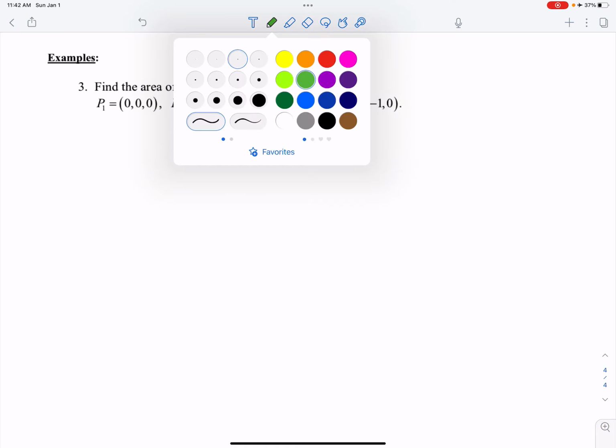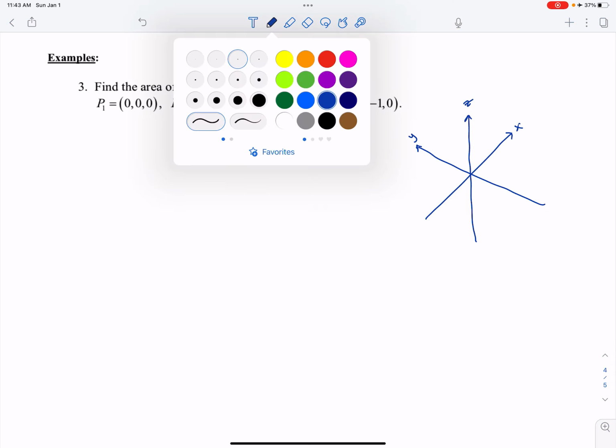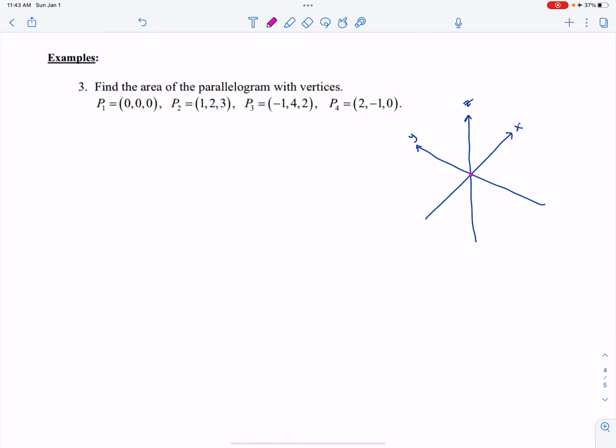I may attempt to draw this for us. All right, so this will be our x, this will be our y, this will be our z. So we have 0, 0, 0. Why don't we plot it with something bright? So there's point 1.